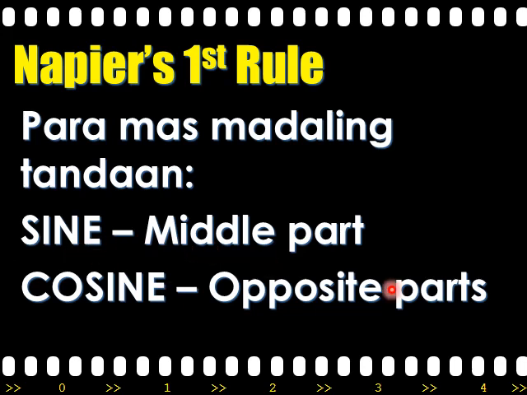Kapag sa opposite parts naman, parati natin ginagamit yung cosine. Tandaan natin na sa Napier's first rule, yung sine ng middle part is equal to the product of the cosines of the opposite parts. Para mas ma-visualize natin to, let's look further.